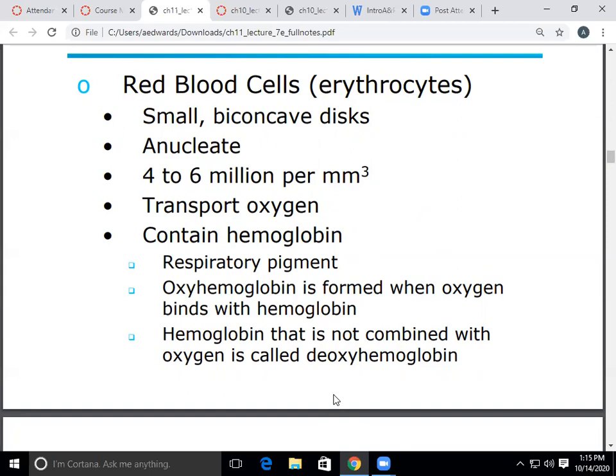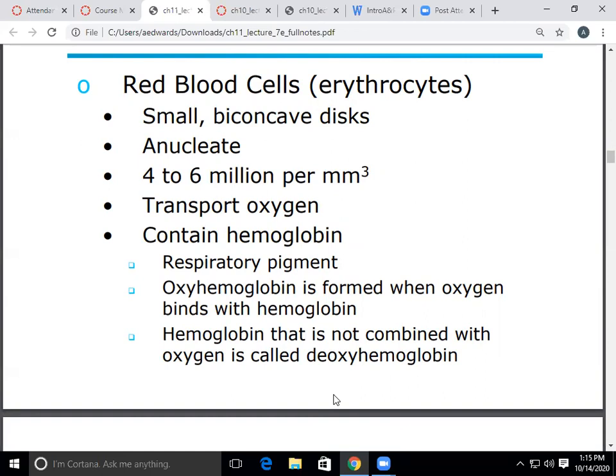What do they do? They help us transport oxygen. You get oxygen from the lungs, and you need a place to hold on to it until you get to the tissues. They have hemoglobin inside of them, a respiratory pigment. Oxyhemoglobin is created when hemoglobin binds to oxygen.